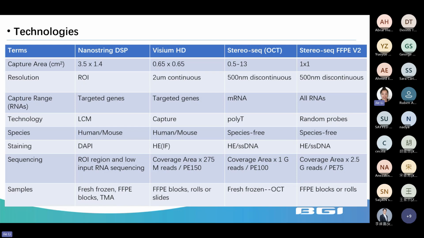But they can only do bulk RNA sequencing on each field of view. Overall, I also compare with 10x Visium HD, which has relatively higher resolution than the previous version. But overall, Stereo-seq still has the highest resolution, the largest field of view, and no limitations on species.